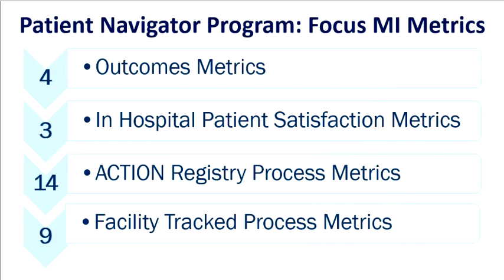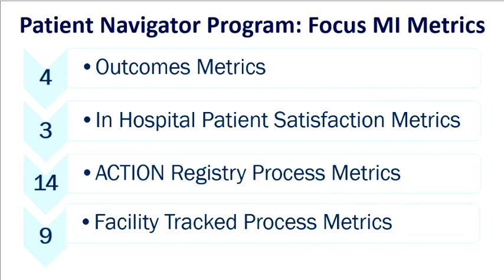There are HCAHPS questions, and we pulled 3 of the HCAHPS questions that relate to transitions of care. So they're specific to the program. Questions like did the patient understand, when they left the hospital, their treatment, and things like that. So we specifically picked those 3 questions to relate back to the program and the goal of the program.